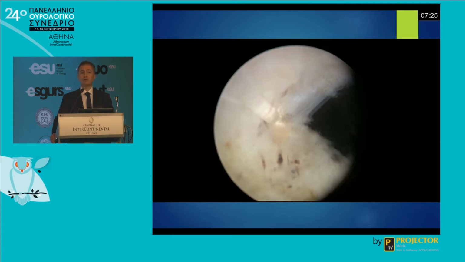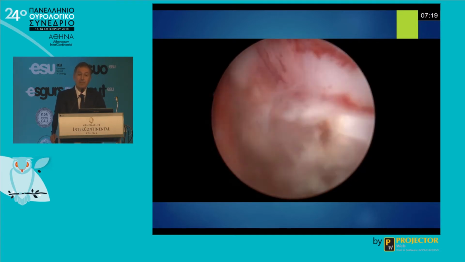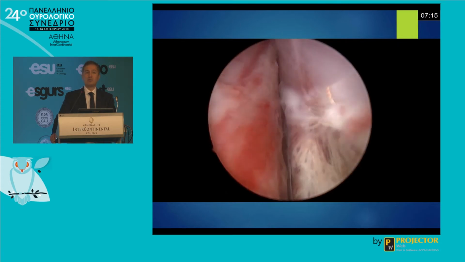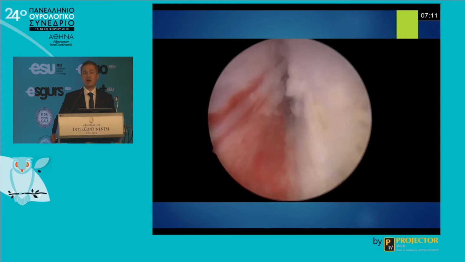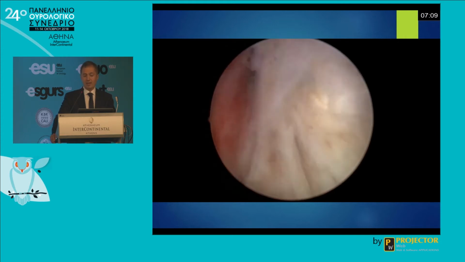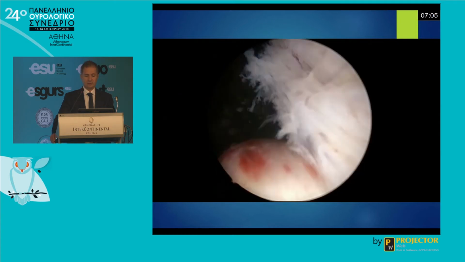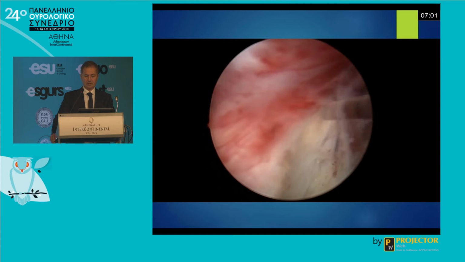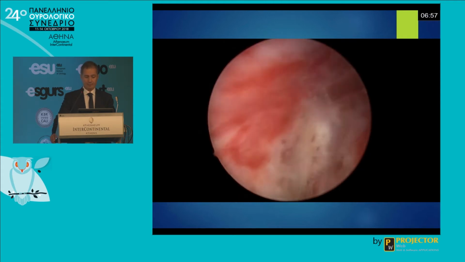First of all, you have to do the incision lateral to the median lobe, then the 12 o'clock area, then between these locations, I mean, do the incision to the mucosa covering the adenoma, but not like a circular incision. This incision to the mucosa must be deep.